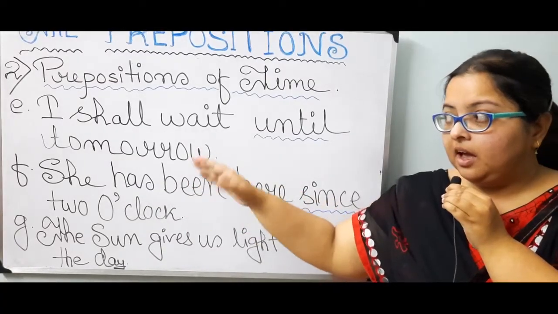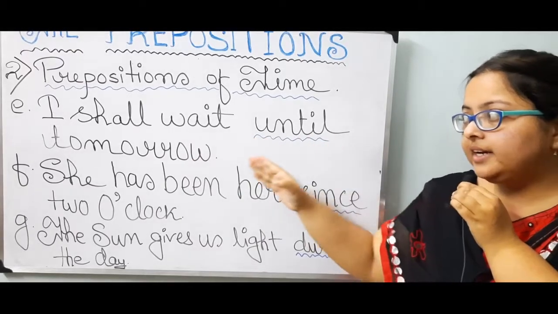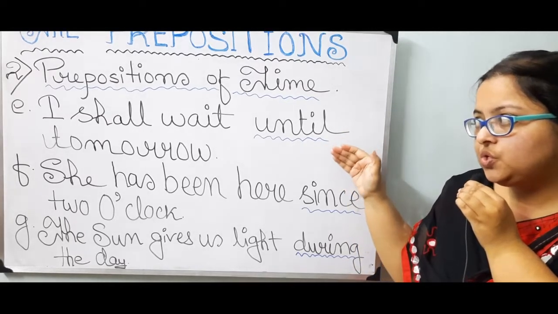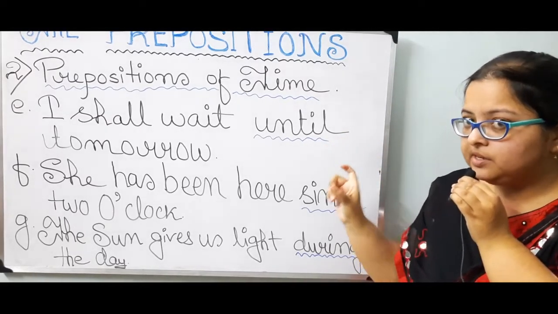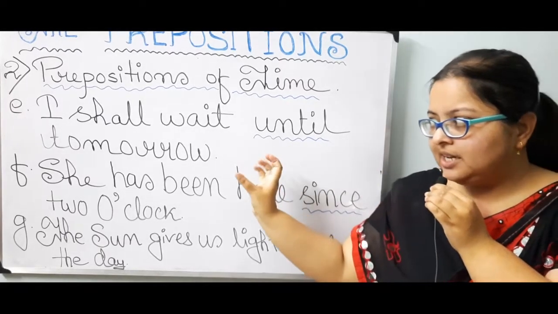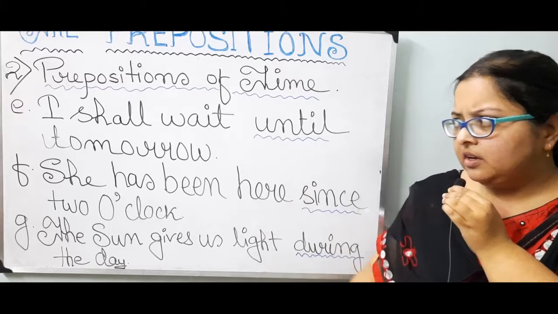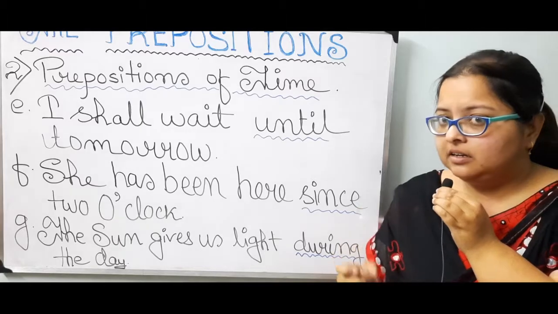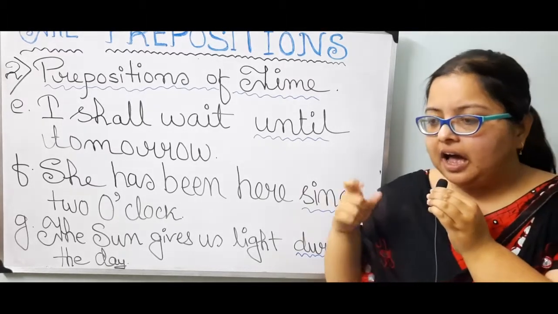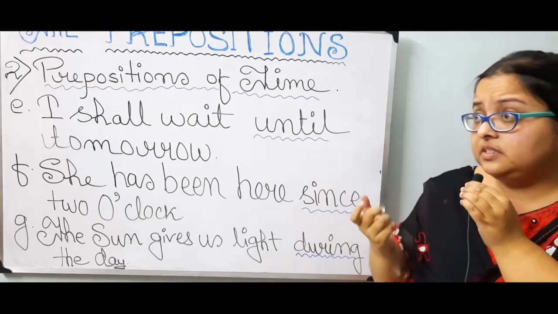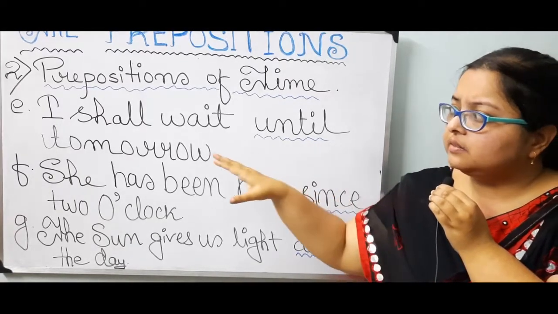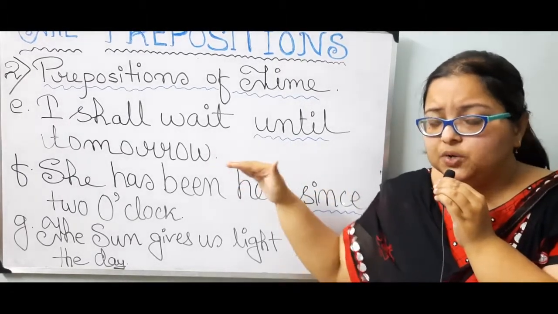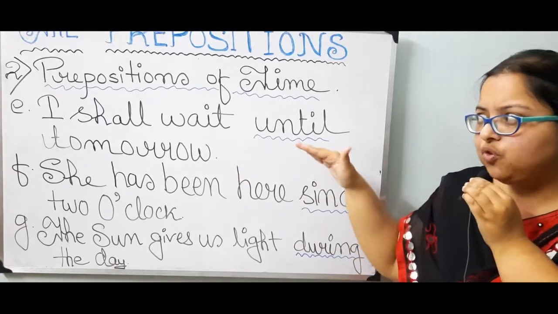Next, number E. I shall wait until tomorrow. Now, students, in this place, you could have also used "till." Mentioning a specific day or a specific time, "until" or "till." But if I would have said, suppose, "for a few days," then I could have used "for" in this place.